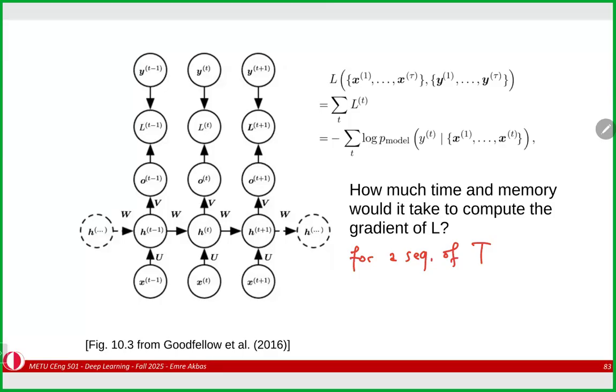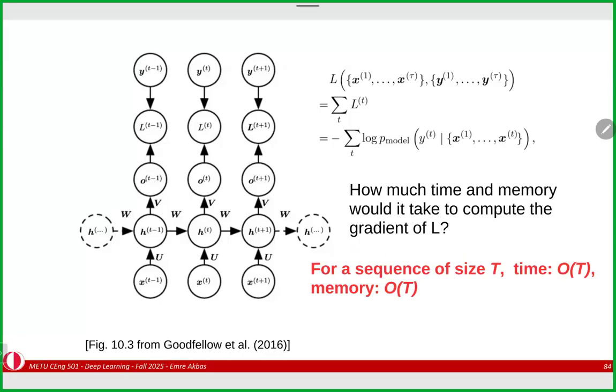T square. Why do you think it's T square? T, the previous topic also, T minus one. Yes. A naive implementation can take T square, but if you properly cache the intermediate steps and reuse them, it is actually on the order of O(T). For a sequence of size T, it takes O(T) time and O(T) memory, so it's actually pretty efficient.